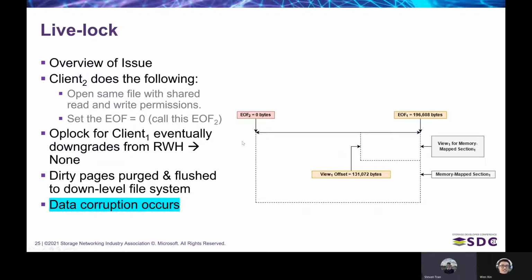And essentially here we have data corruption occurring at this point, because now the data the client reads from this view is not guaranteed to be the same as the actual file contents on disk on the SMB server. But let's put our discussion on data corruption aside until we discuss the solution and its implications later in the slides.